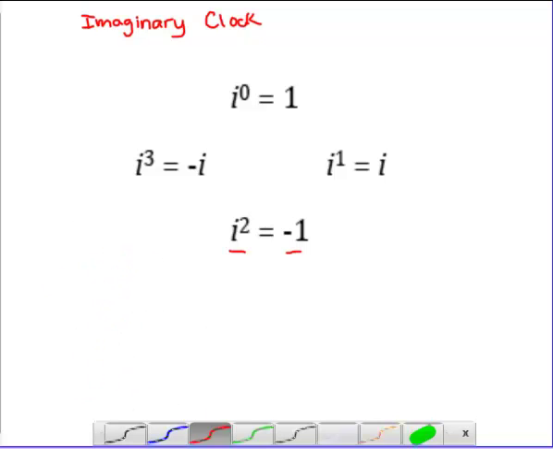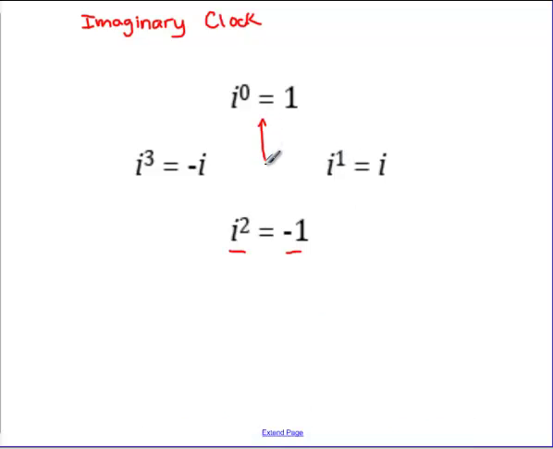And what I like about the clock is it looks like a graph. If I were to make a little set of axes here, it kind of makes sense. This is +1, this is -1, this is +i, this is -i. So as long as you remember these right here, the clock is really easy to figure out.